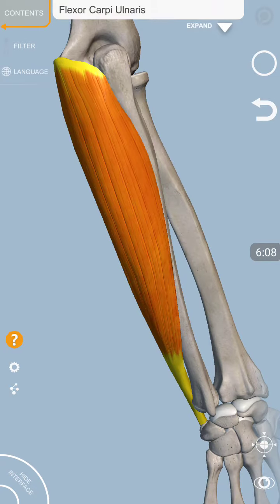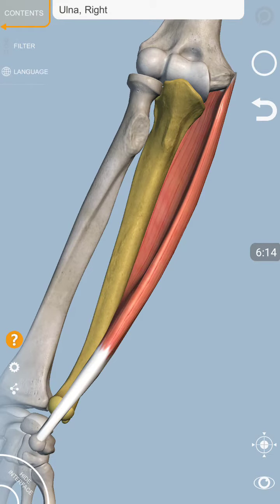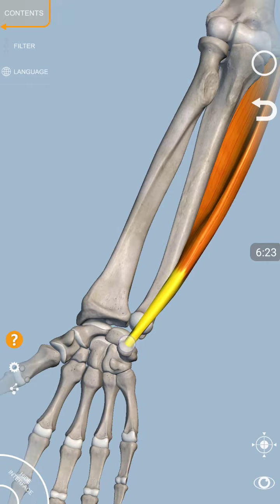Then from the posterior surface of the ulna, and it is also from the upper part of the shaft of the ulna, and inferiorly it is getting attached onto the pisiform bone. This rounded structure is called the pisiform bone, and from the pisiform bone, it is further getting attached onto the hook of the hamate and the base of the fifth metacarpal.